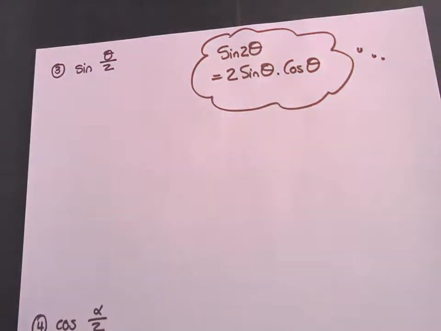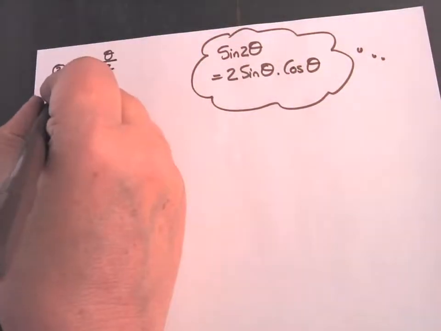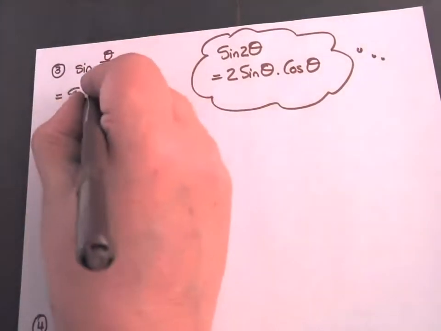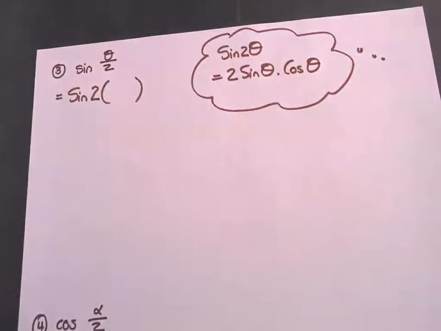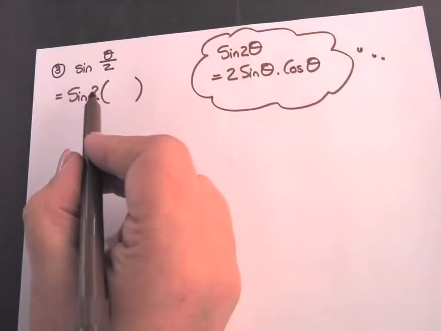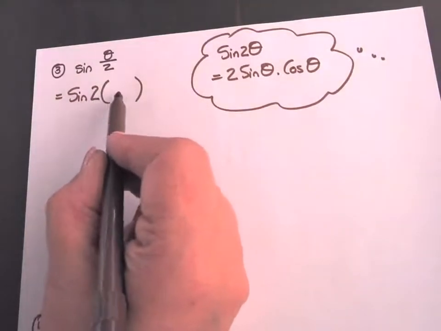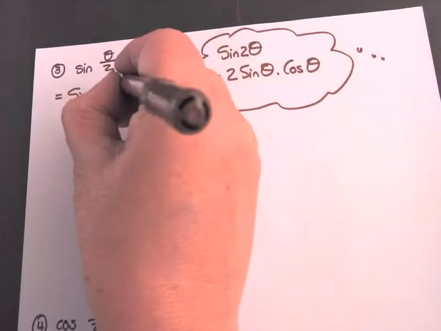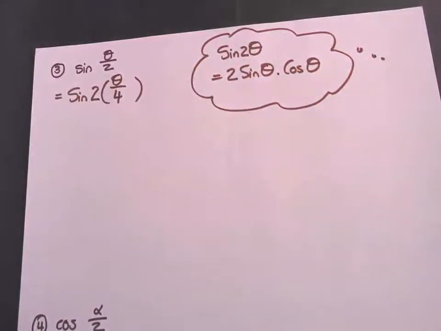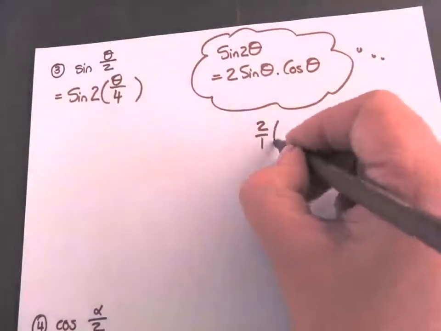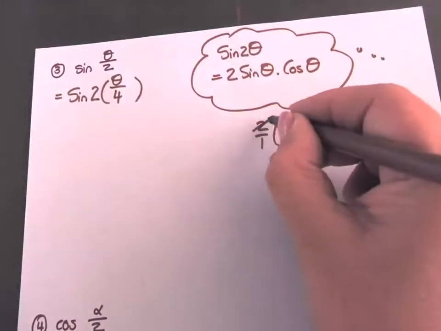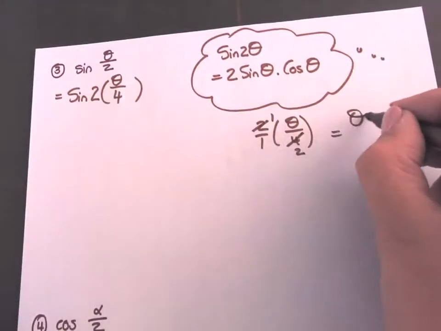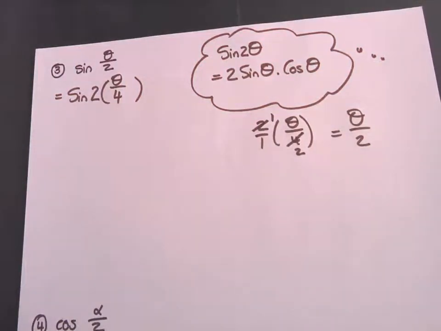So we have to do a little bit of magic here. I'm going to change this sine half something to sine 2 something. So if I multiply these two, I must get theta over 2. So what must this be then? A quarter. Theta over 4. Because if you multiply 2 over 1 with theta over 4, 2 goes in once, 2 goes in twice, you'll end up with a half theta.